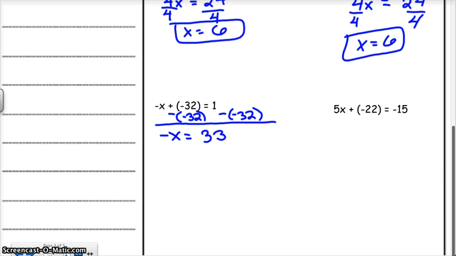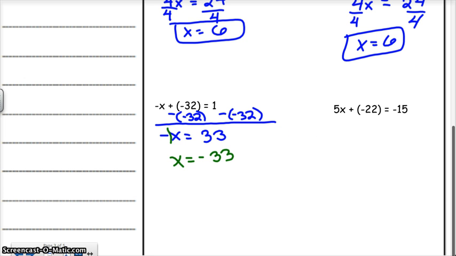Now this is like a negative 1 times x. To move that, you could divide through by negative 1, and you get x is equal to a negative 33. My trick, if I see something like this, I just say, okay, I'm going to take the opposite of both signs to get rid of that negative. That's what I would do if I were you.